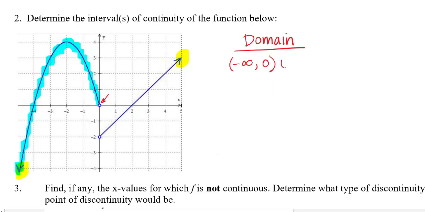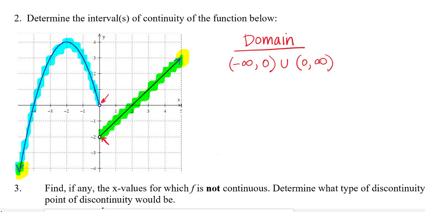And we're going to go ahead and union that with the second piece of that function, which again starts at x equals 0, not inclusive in this case, and moving along, and I'll do this one in green highlight here. I don't need to pick up my highlighter or marker to keep drawing it until I get to positive infinity.